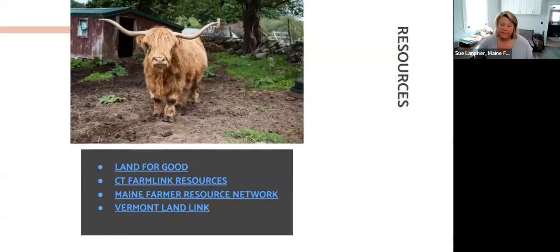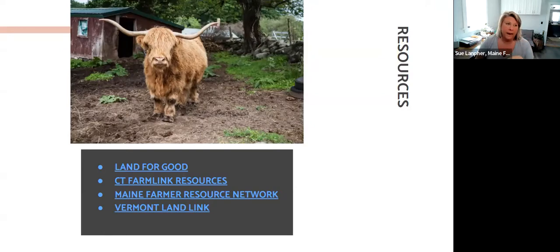Thanks, Maddie. That's a great segue into just a few links for our resources. As I said before, Land for Good is one of the wonderful resources that I always connect folks with. Connecticut has their own resource page on their website. Here in Maine, we have a resource page on our FarmLink website, but we also have a whole separate collaboration of ag service providers here in Maine, part of the Maine Farmer Resource Network.